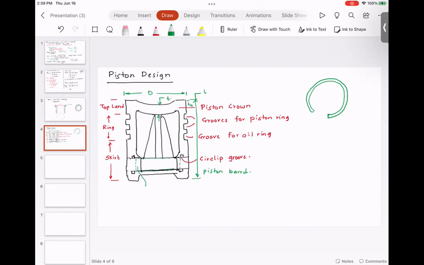So this is the piston pin. This is called the thickness of the rib, PR.